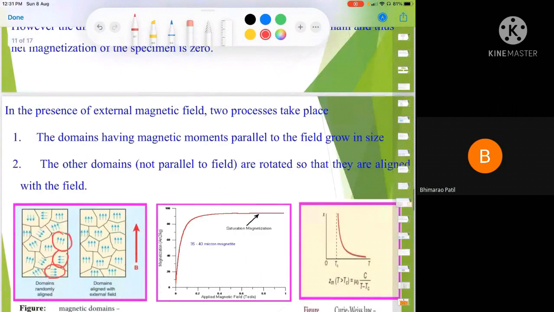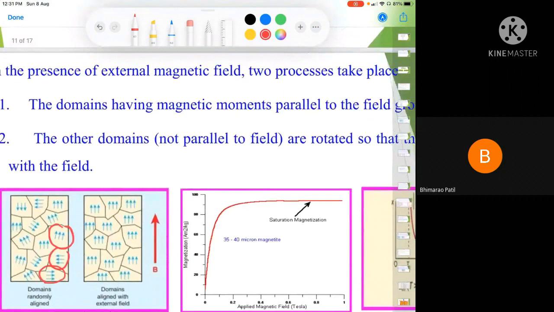Then you see, if you apply the magnetic field, each and every ferromagnetic domain is aligned with the applied magnetic field, and that shows a higher magnetism as compared to paramagnetic substances.